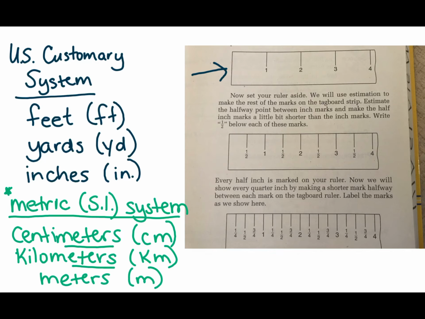Now, we're looking at fractions of an inch, and what they've done is they just added half inches here in the middle of each of these inches. So if something were this long, it would be 3.5 inches.